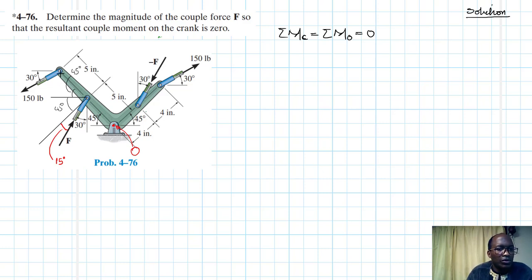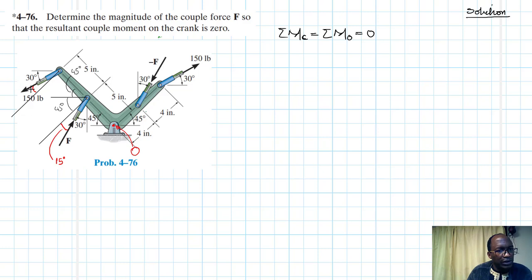So we'll do the same here as well. We come from this point like so. We also know this angle here is also equal to 45. This is also 45.